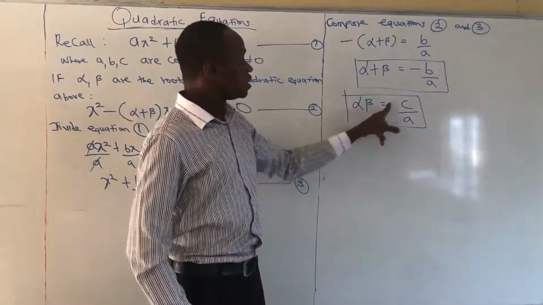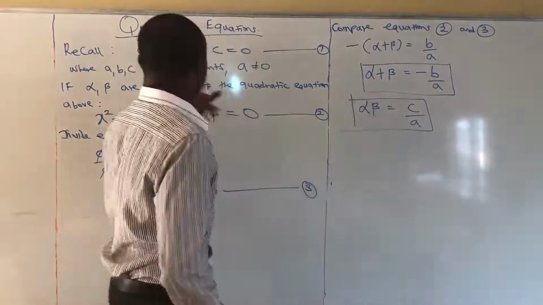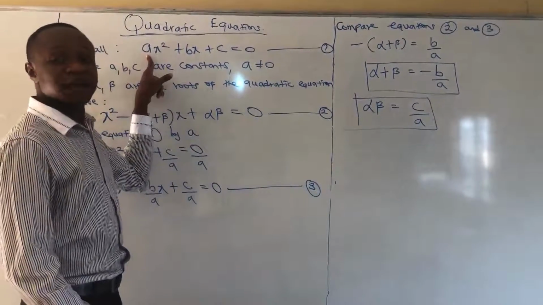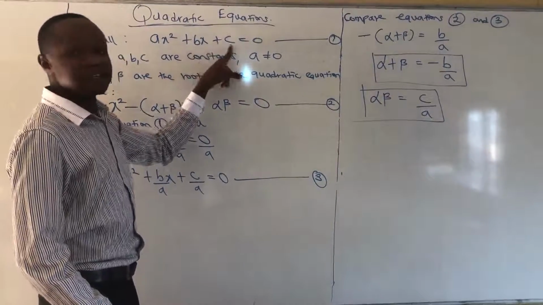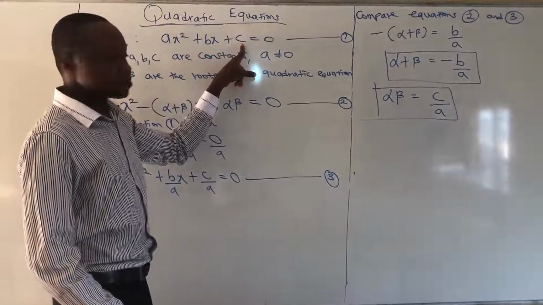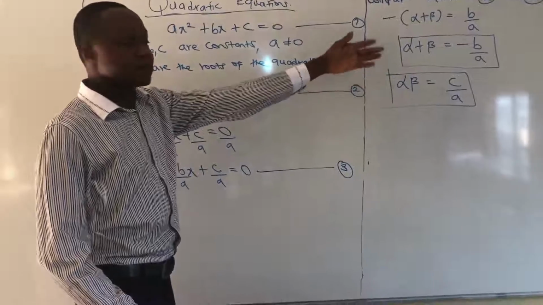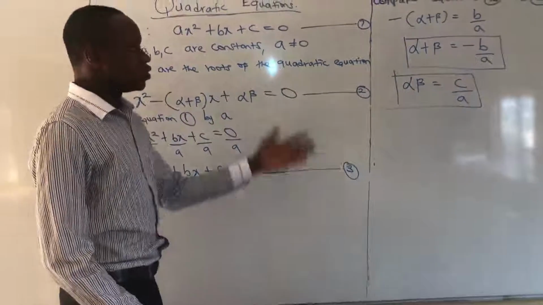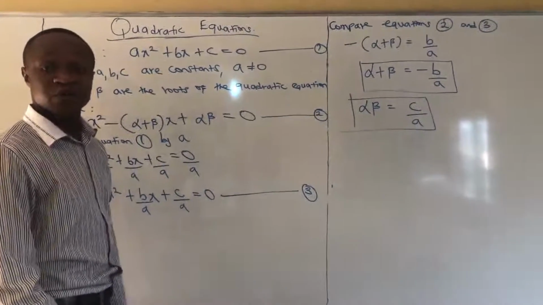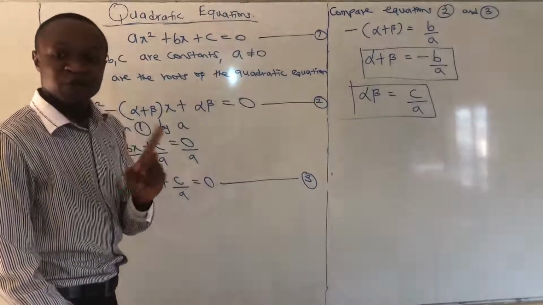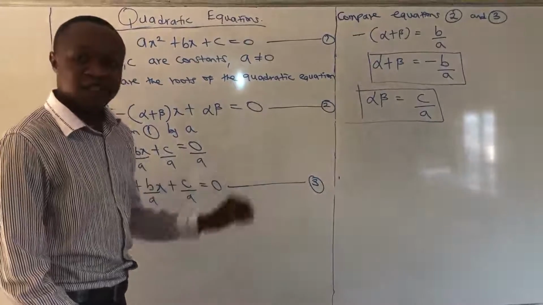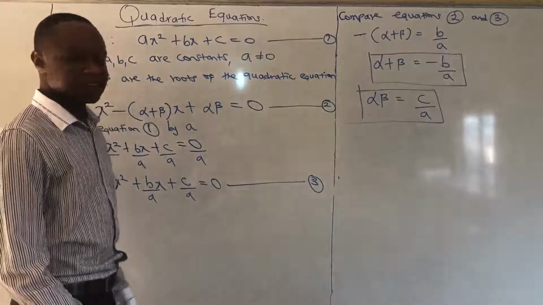Product of roots is c over a, where a is the coefficient of x squared, b is the coefficient of x, and c is the constant in the equation. Once you put a, b, c where they should be, you will get the sum and product of roots of an equation, without knowing what alpha is and what beta is.